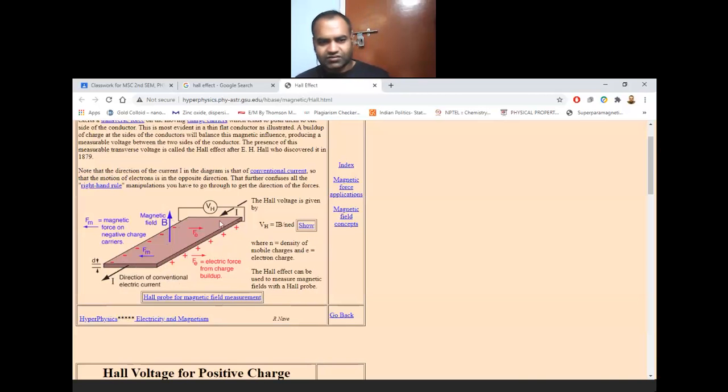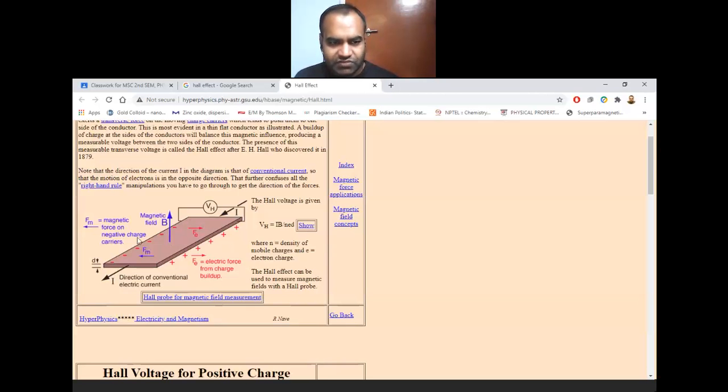So what happened? Initially this brown color specimen is carrying a current, just remember that. Then you have applied a magnetic field B perpendicular to the specimen. Because of the presence of the magnetic field, there will be a force on the charge carriers, a Lorentz force to be precise.